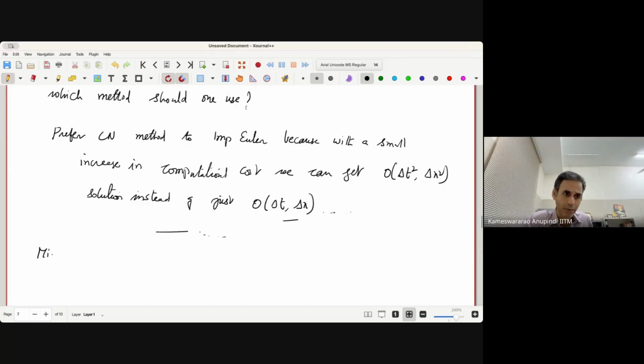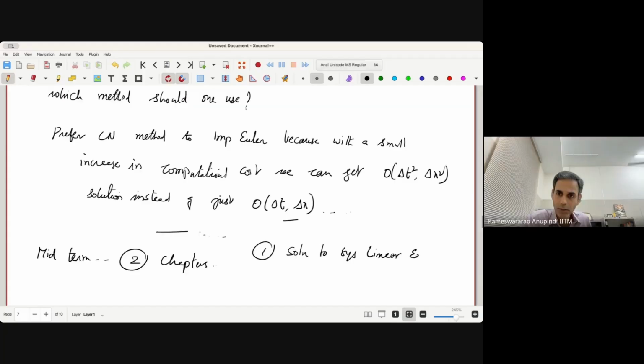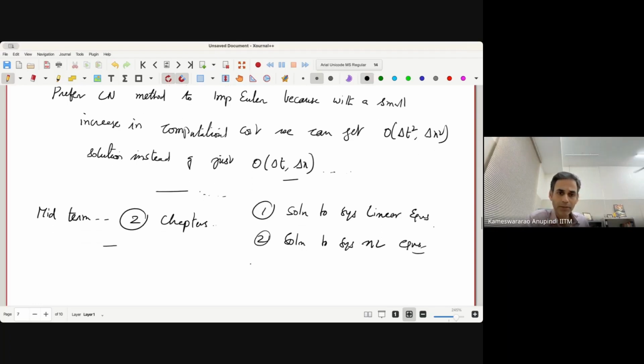However, for the midterm exam, we're only going to have the first 2 chapters, that is, the solution to systems of linear equations and the solution to systems of nonlinear equations. Only these 2 chapters we'll have for the midterm, and for the end exam, of course, you'll have all the chapters. So that basically finishes the chapter on the basics of the finite difference method.